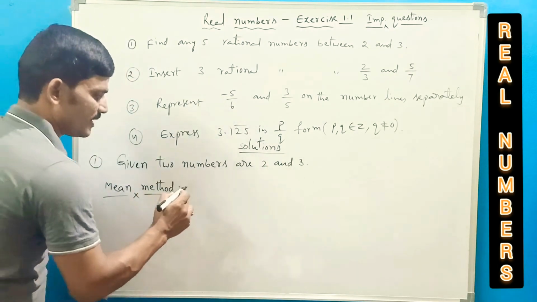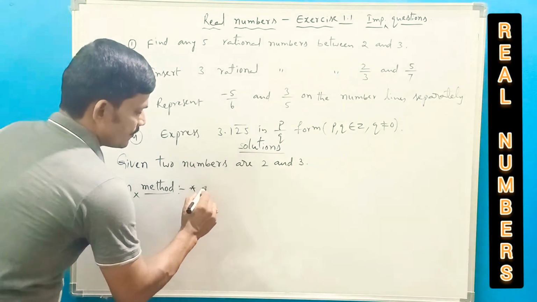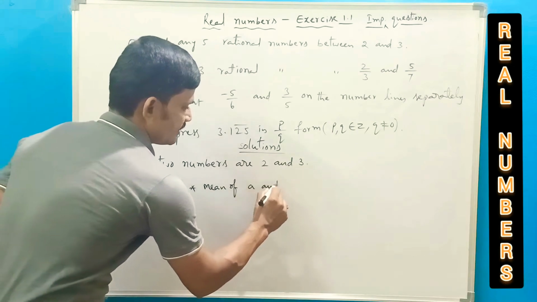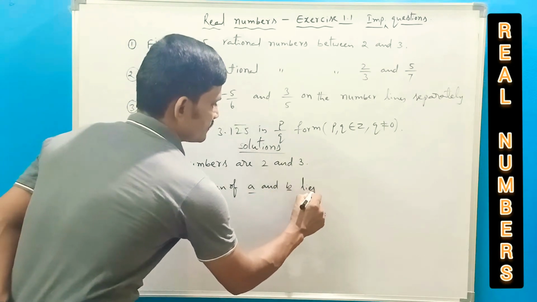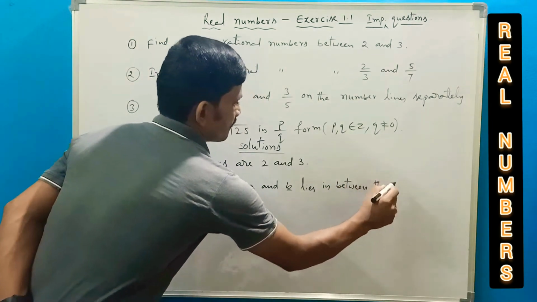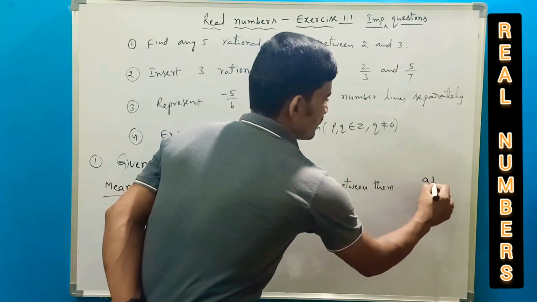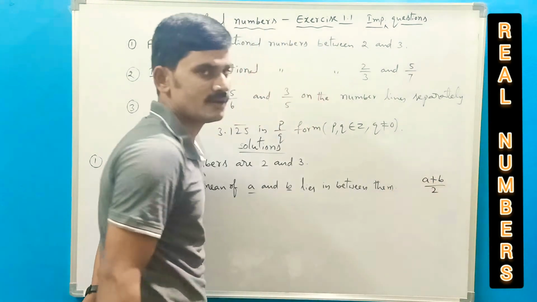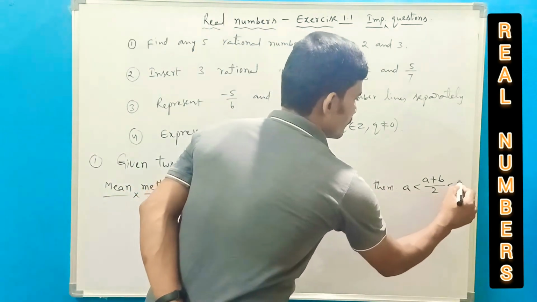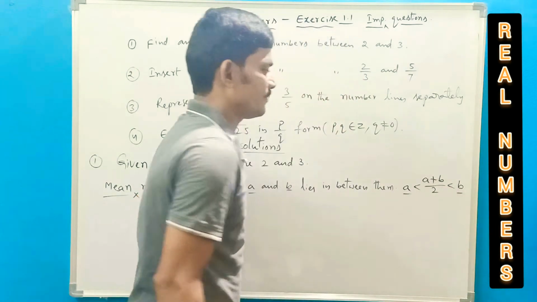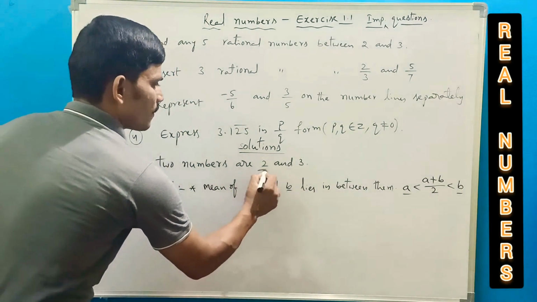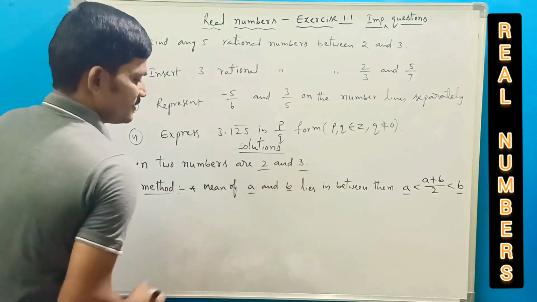So, the formula is mean of A and B, that is any 2 numbers, lies in between them. That is, mean means sum of the numbers by number of numbers, that is average of 2 quantities lies in between those 2 numbers. Let us suppose A is less than B. So here also A is 2, B is 3.